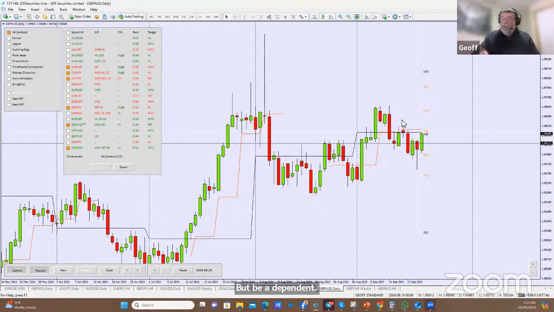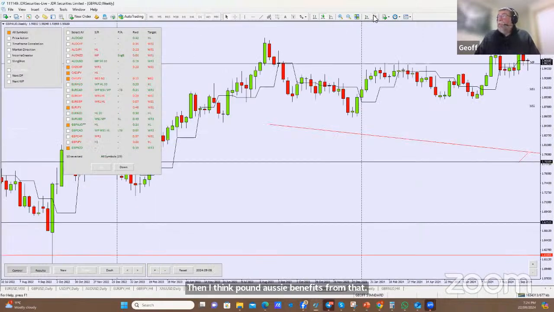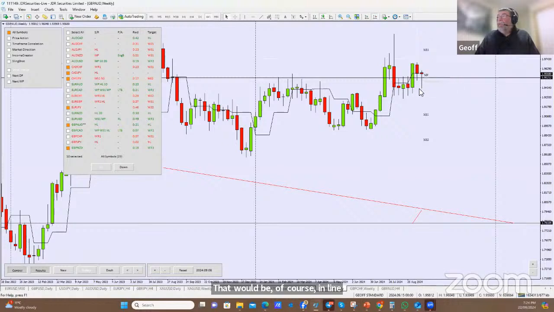If the RBA were to cut interest rates, then this one goes up that way, big time. So you might want to watch that RBA statement. If it does, or if the RBA are dovish even, then I think pound Aussie benefits from that. That would be, of course, in line and in concert with that game changer bar, which of course is telling us to buy here. Hesitant to do that, as I said, because of that big double top potential for that to be a lower high, but the RBA statement will tell all.